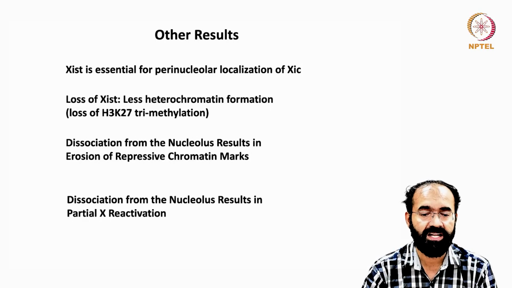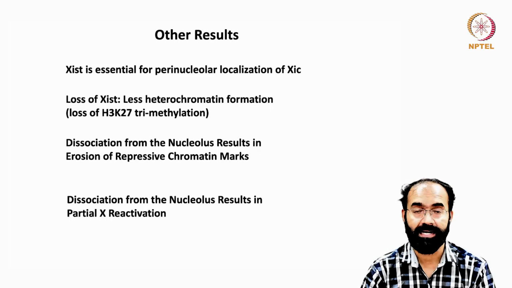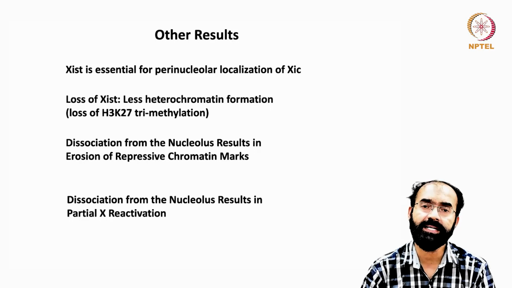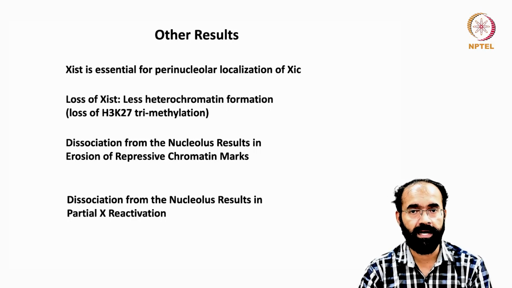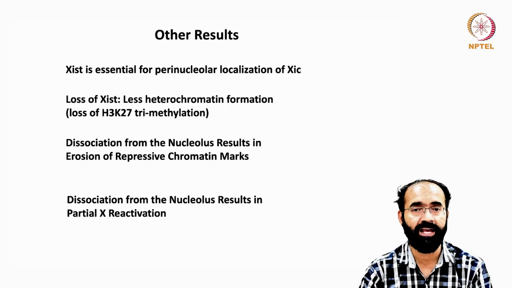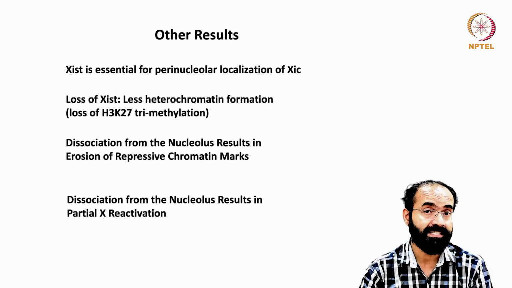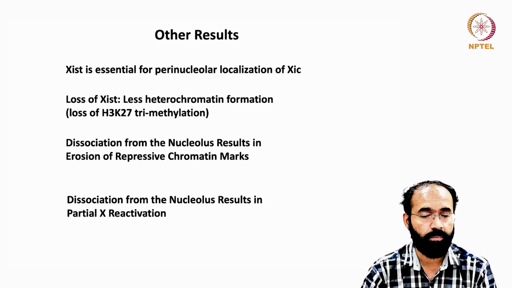Xist is essential for perinucleolar localization of the X-inactivation center. Loss of Xist means less heterochromatin formation, meaning you will not have H3K27 trimethylation effectively. So what it indicates is that the guide, or the inspiring force, of X-inactivation is Xist itself.